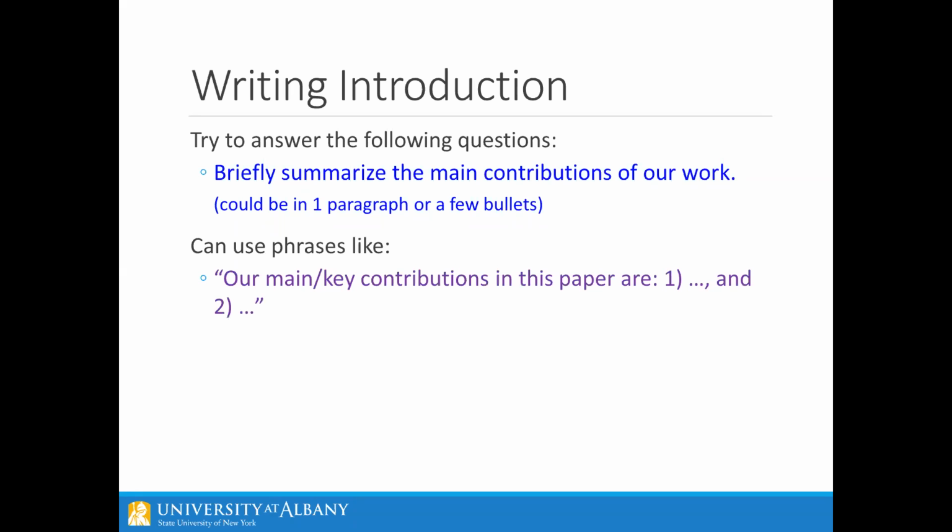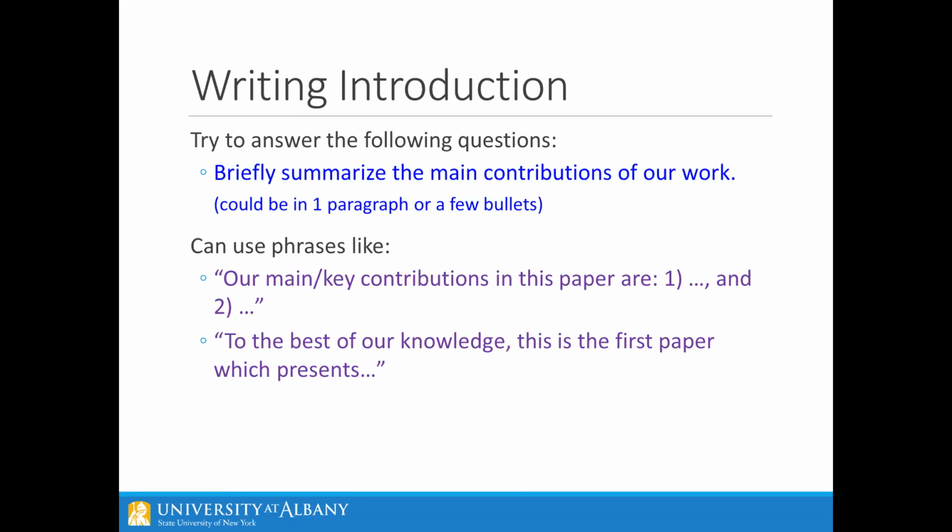You can use phrases like our main or key contributions in this paper, or in this report, or in this work are as follows: 1, 2, 3, and so on. You can put numberings or bullets. Or to the best of our knowledge, this is the first work or first paper which presents this. Or to the best of our knowledge, we are the first to propose this.